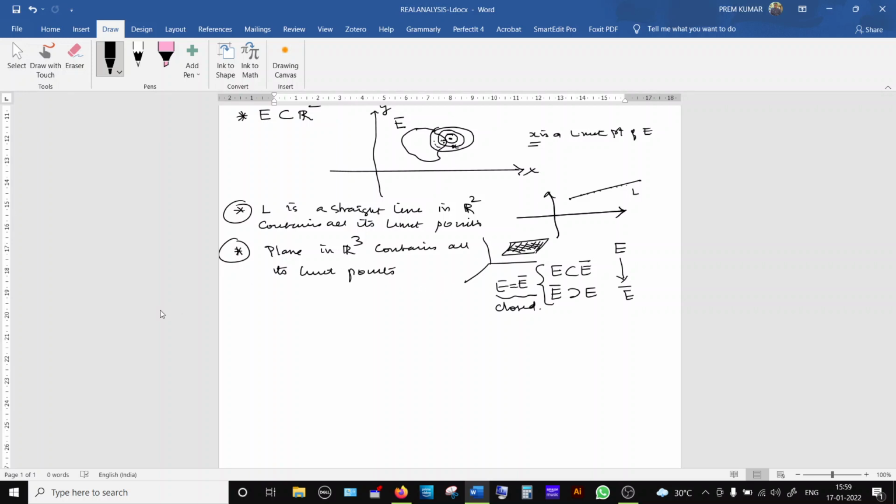Now another one; these are just remarks, small results, so you can make a note.